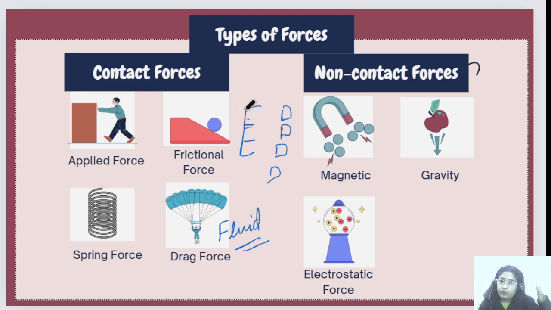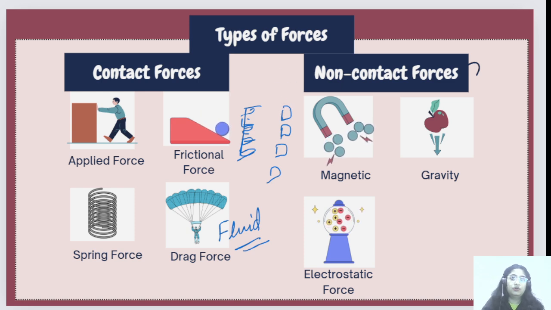After combing your hair, when you bring your comb towards the pieces of paper, what happens? The small pieces of paper get stuck to your comb, right? How does it happen? There is an electrostatic force applied on it because of charge separation. Charges are getting separated by induction. This process is called charge separation by induction.